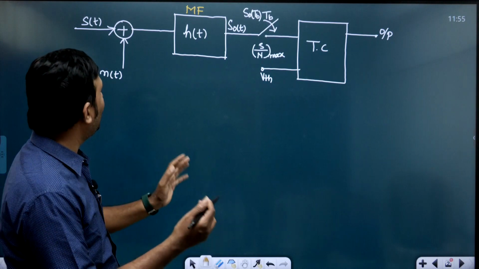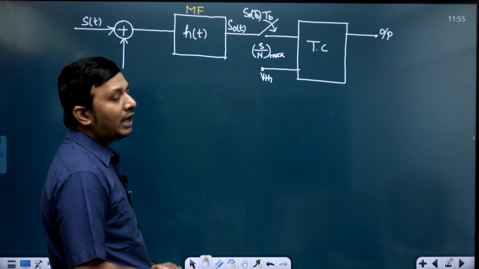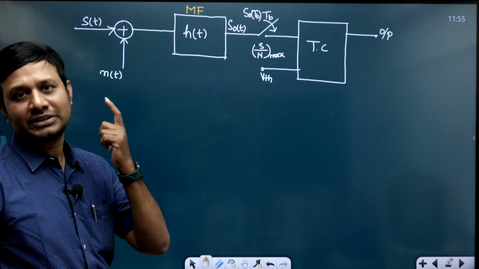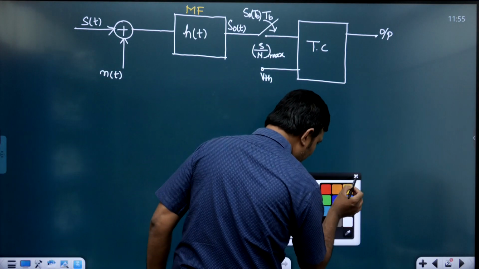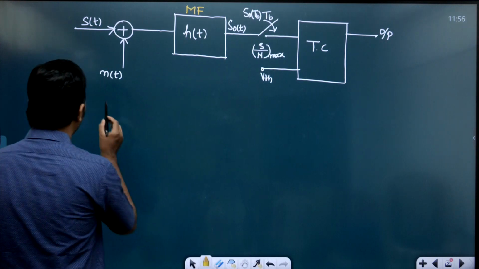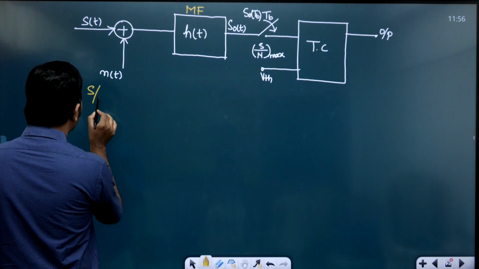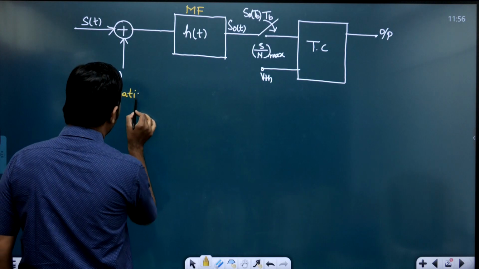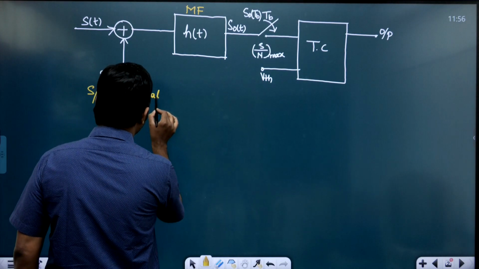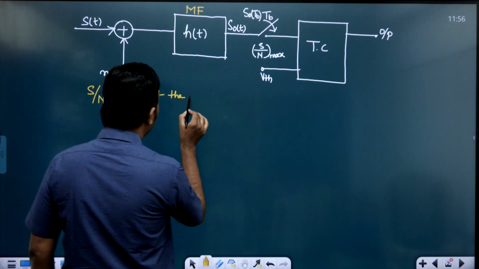So let us find the signal to noise ratio, signal power by noise power, at the output of the matched filter. Let me put the subheading.